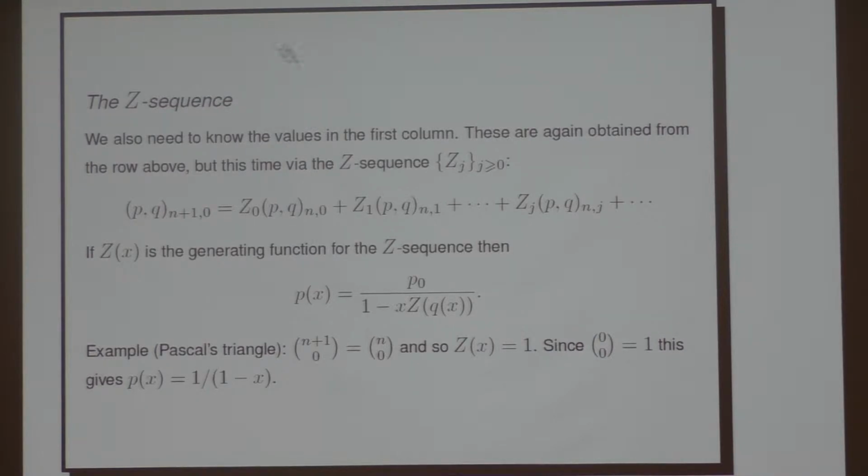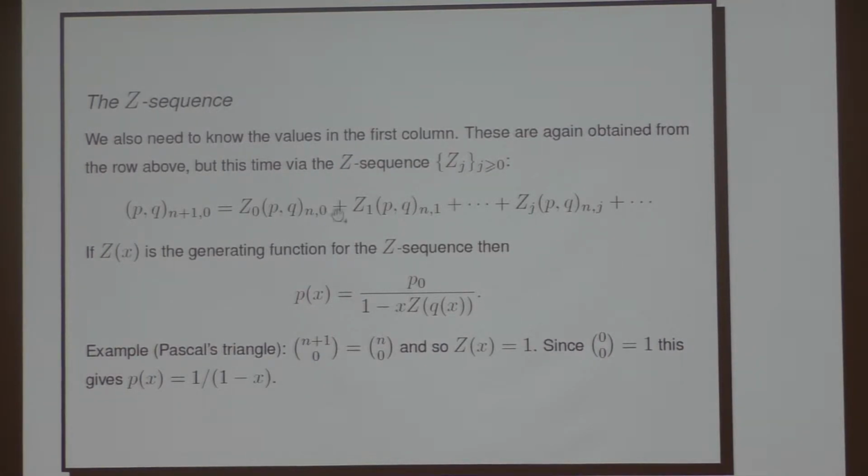So we also need to know the values of the Riordan array in the first column, the k equals 0 column. These again are obtained from the row above, but this time via what's called a Z sequence, which looks somewhat similar. So we've fixed k as 0, and we get the n plus 1th entry in the 0th column from this formula here.